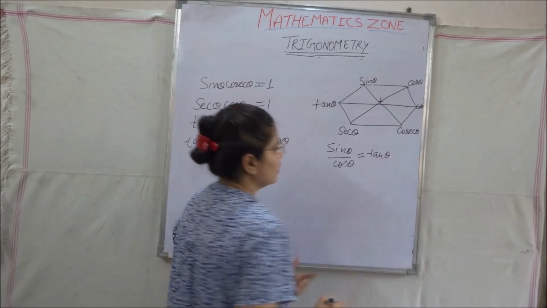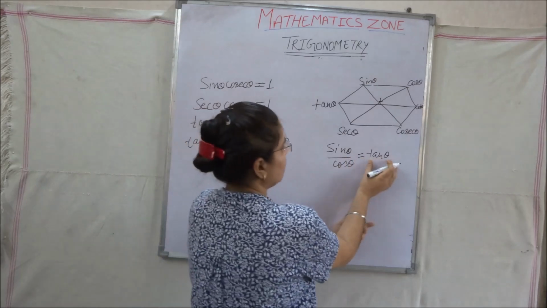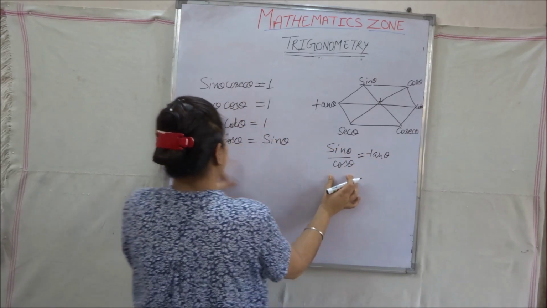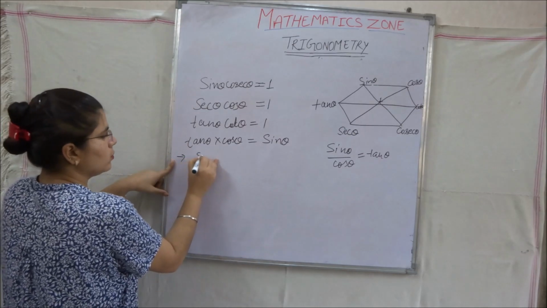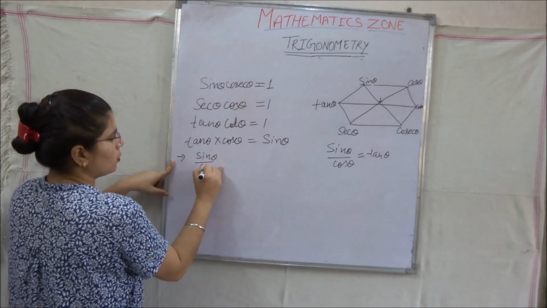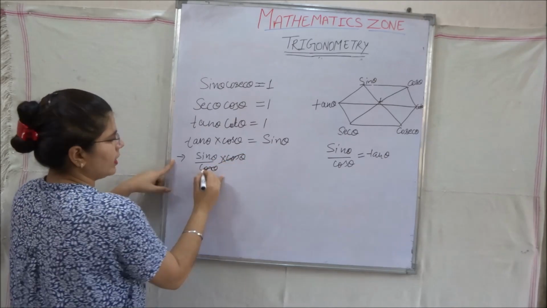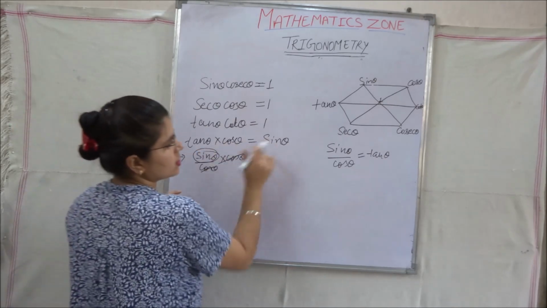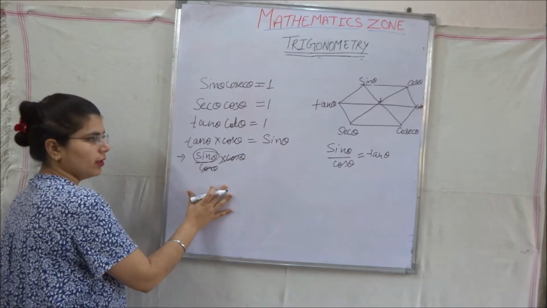This we had done in the last video. So tan theta is sin theta upon cos theta. If we put this formula over here, that will be equal to sin theta upon cos theta multiplied by cos theta. After cancelling, we get sin theta, which is equal to the right hand side. Hence we prove the above.